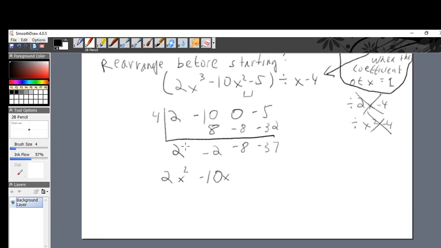So this 2 represents 1 less than that, x squared. Then it goes down to x. Then there's no more x's, so now there's the constant, that's a number. And this thing is the remainder. So the remainder is negative 37. So you could have on your answer sheet, answer B.